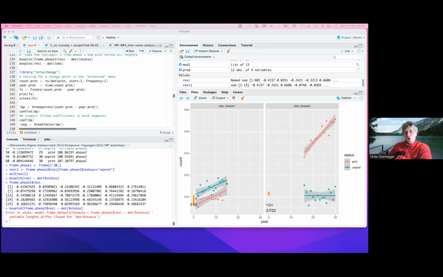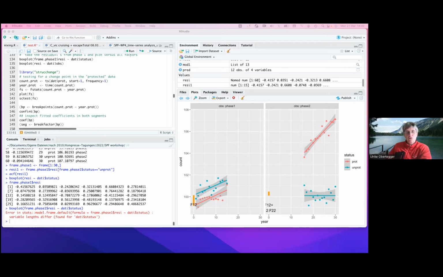It's easy to know in this case because there was a change in the protection status, but imagine that something else changed this data set. Imagine somebody gives you this data set, nobody remembers this change in protection status, so you really don't know where the change point occurred.